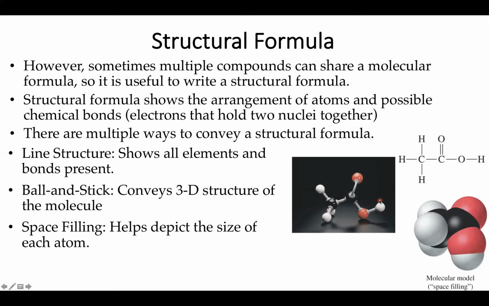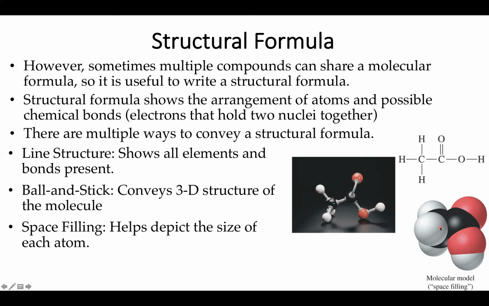Finally, the last form that you'll often see, this is often in computer modeling, is space filling. So it has the same information telling us how all of my atoms are held together, but what it really does is help show the overall size of each of these atoms. Because let's be honest, if I have something like a line structure or ball and stick, it makes it look like most of this area is open space.